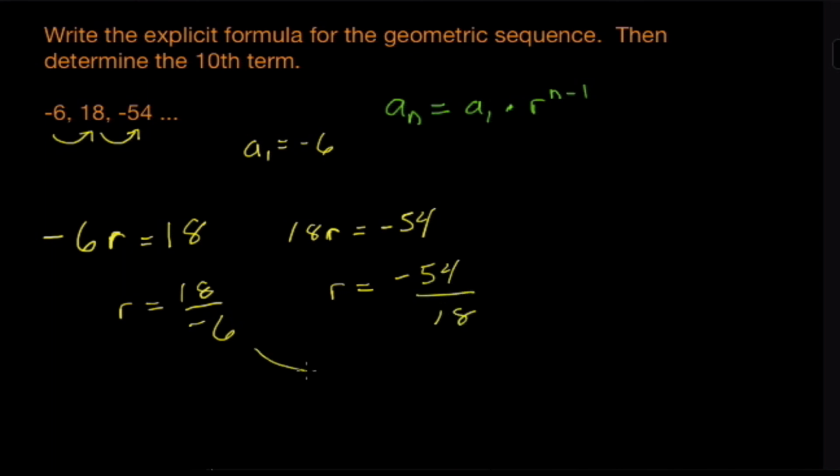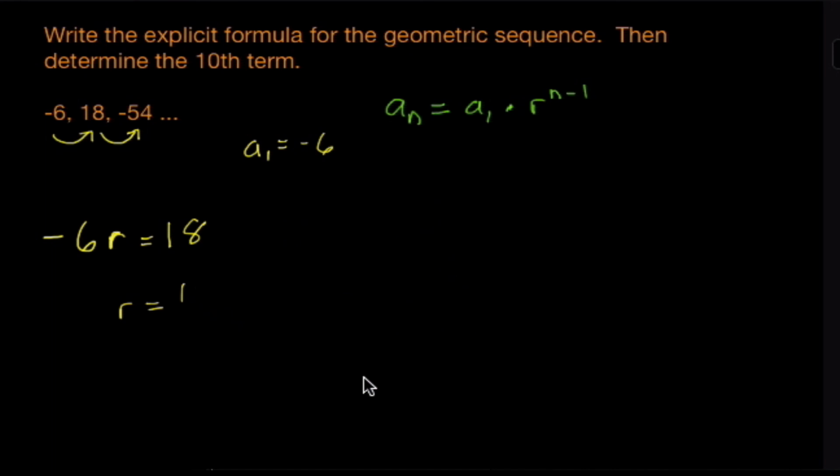And both of these simplify to -3. So our common ratio is -3. This may seem a bit simplistic for this sequence, but when we get to the next question, you will see why answering this question in an algebraic fashion becomes very, very useful.